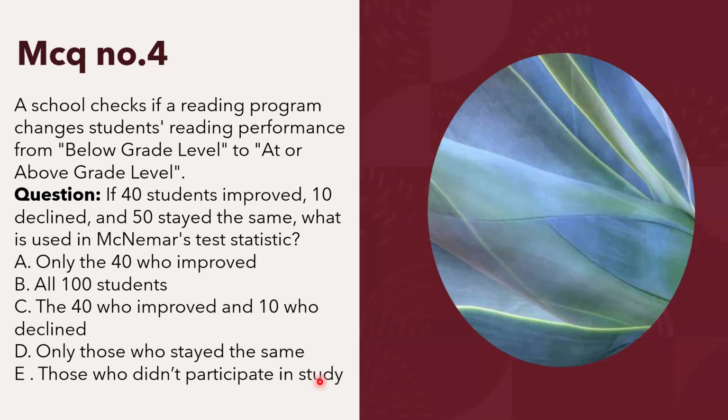Select the 40 who improved and 10 who declined, because those who stayed the same, or did not participate at all, are to be excluded.